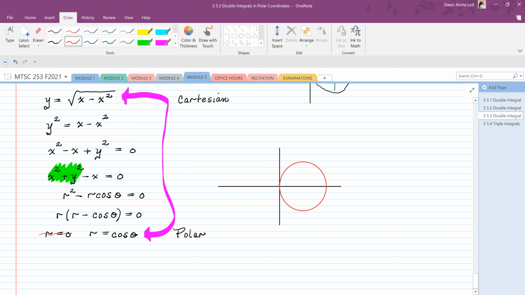Okay, so if it starts off here, then it does like this. So theta starts down here at minus pi over 2, and then theta gets bigger, and as theta gets bigger, r goes around like this, and then it comes back around like that. Okay.